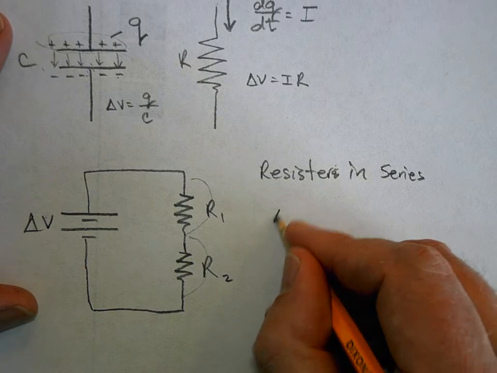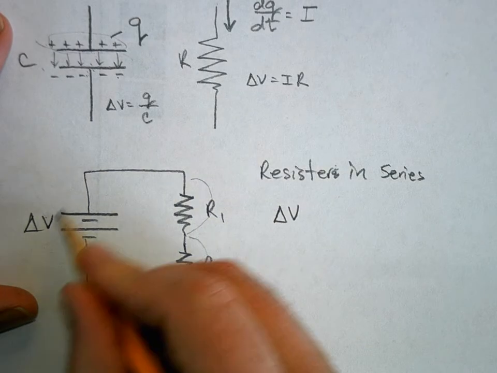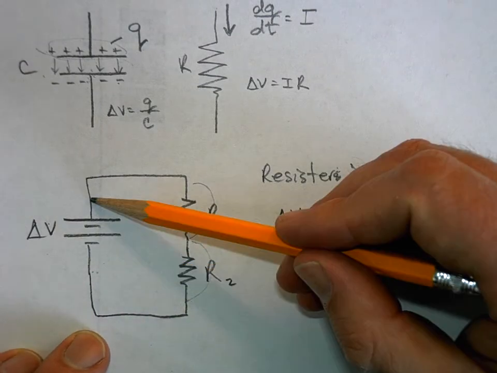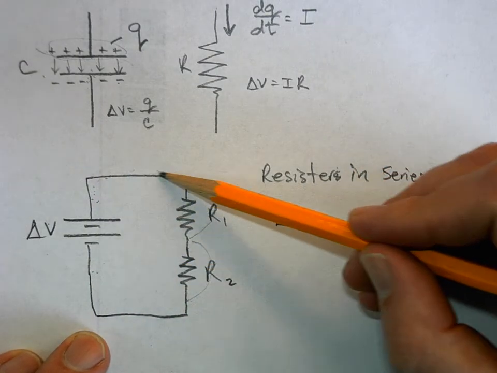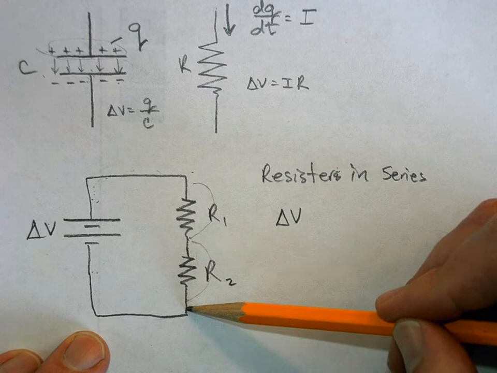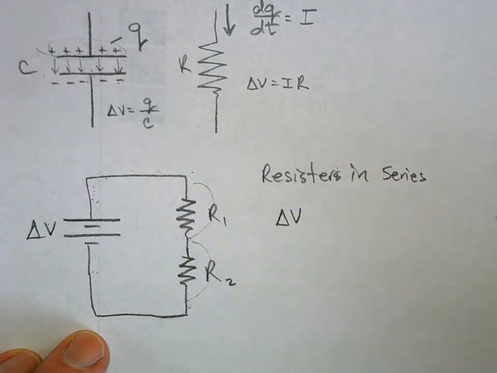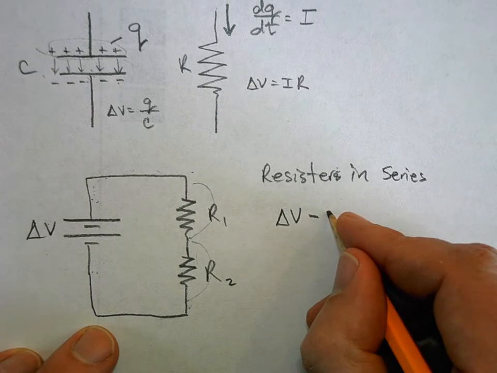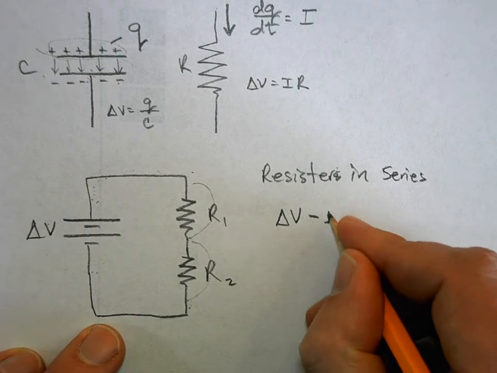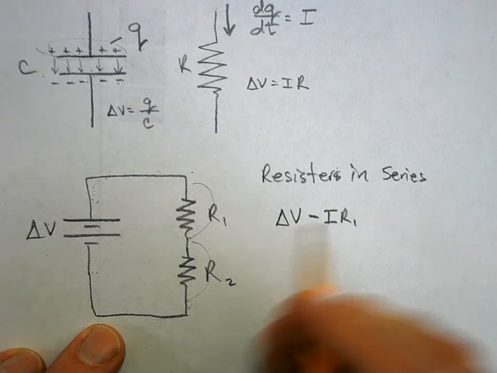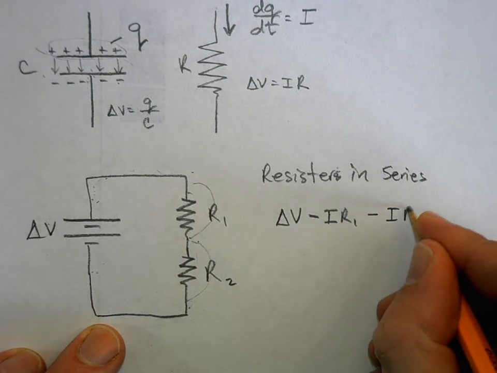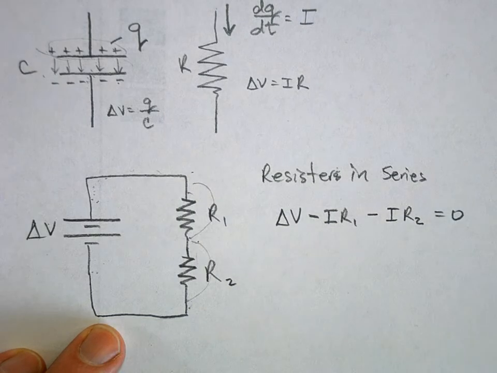So delta V, that is the voltage gain I get from this battery. Think about voltage: you gain voltage, you come around here, and you're going to jump down. You have 2 jumps to get back to 0. So the voltage gain, then you have minus I times R1, that's the voltage drop across here, minus I times R2, and that will equal 0.